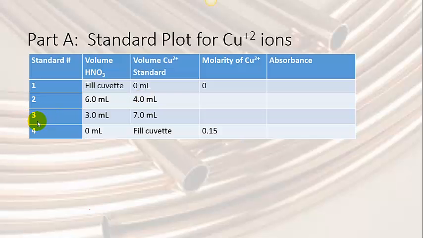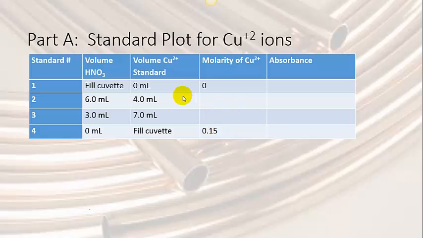Test tube for standard number 3 will be 3 and 7. So you don't need test tubes for standards 1 and 4. You can just bring your cuvette right over to the burette, fill number 1 up with nitric, fill number 4 up with your full standard. So for number 4, the concentration is exactly what the standard tells you that it is, 0.15 moles per liter.